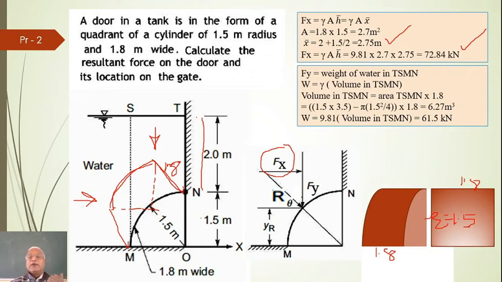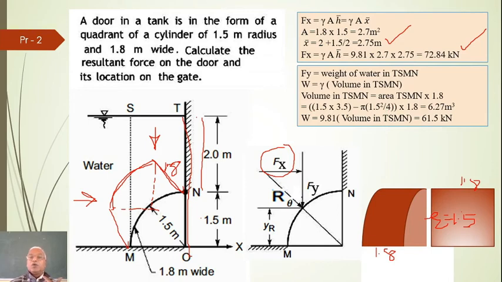Now how to calculate the area of TSMN? You can just see here 1.5 by 3.5. The total height is 3.5 and 1.5 is the width. So the total area becomes 1.5 into 3.5, minus the quadrant, pi r squared by 4, that is the quadrant of a circle.